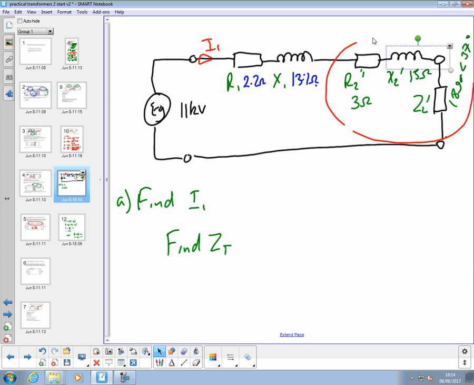This one. The R1 and X1. How could I express that in rectangular form? 2.2 plus 13.1J.